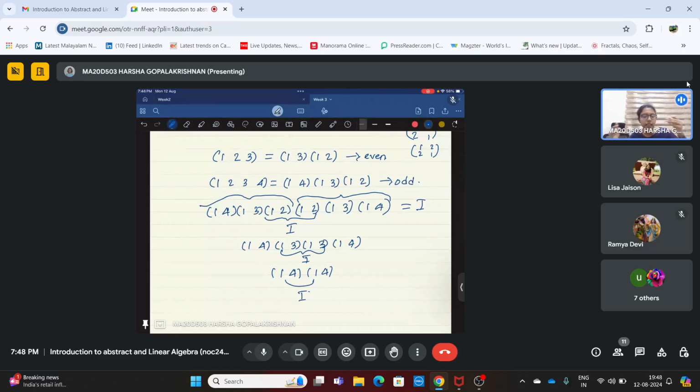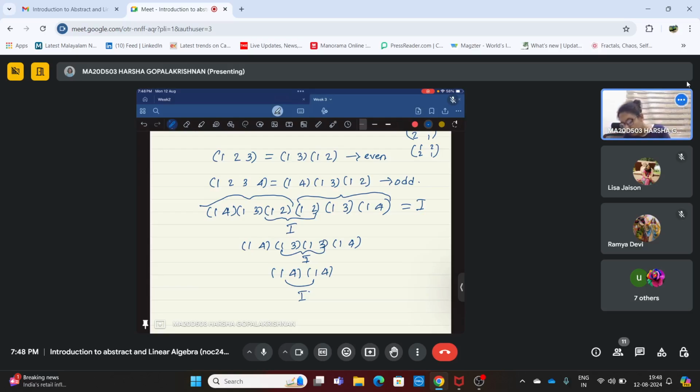Correct? So in every case, if we have the same permutation with its cycles in reverse order, and we write the product, we will get identity. Correct? So in this case, the number of cycles is the same as the number of cycles in the given permutation. That is odd.